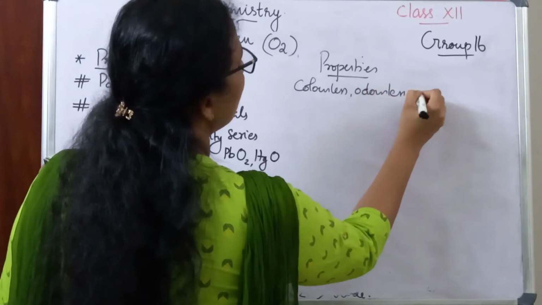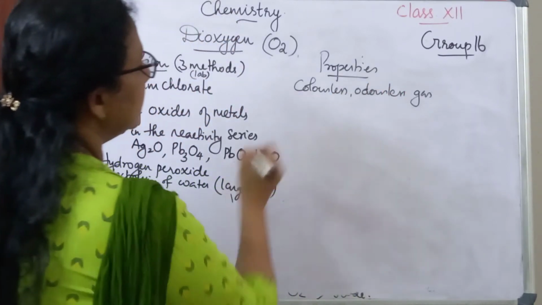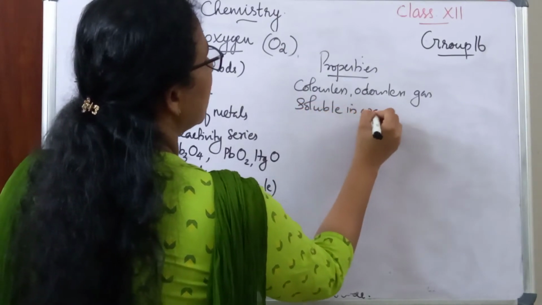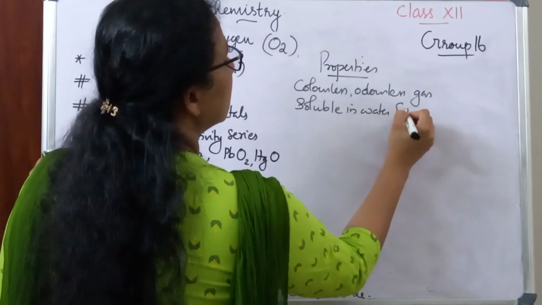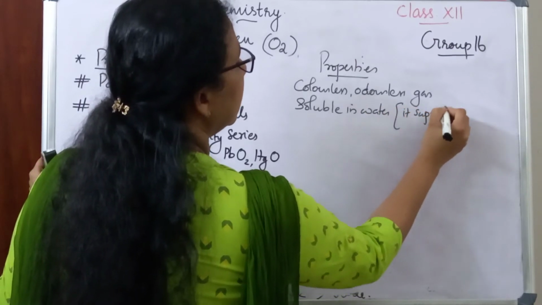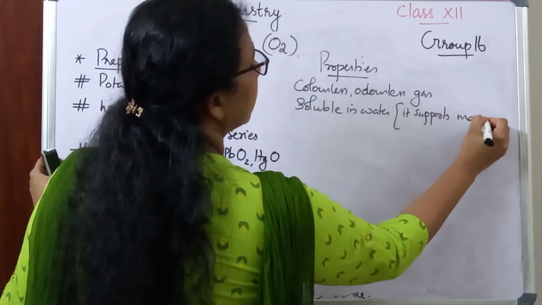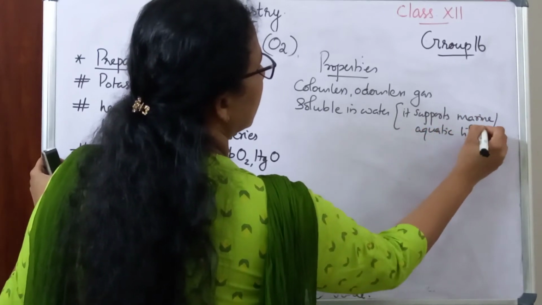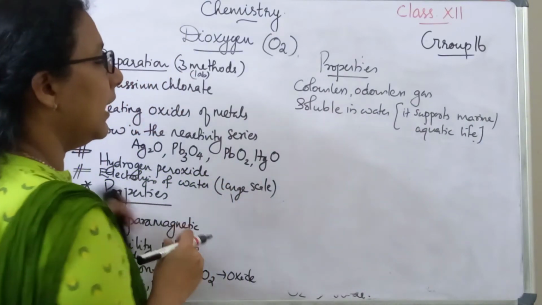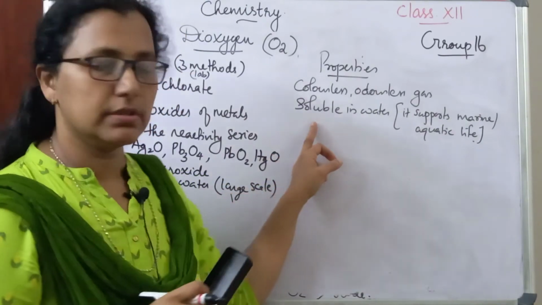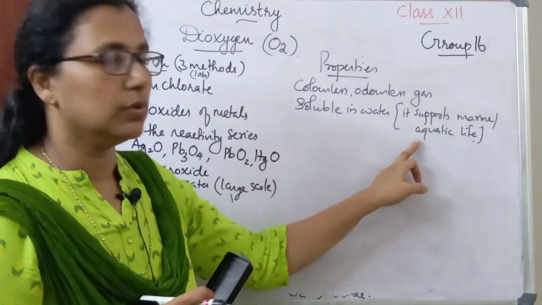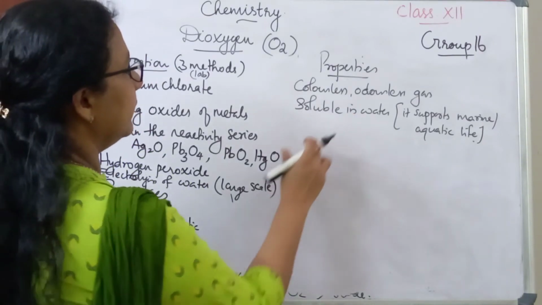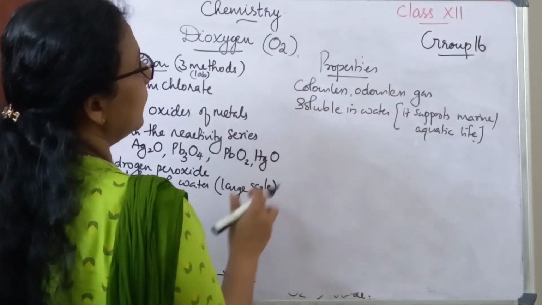It is soluble in water. That is why it supports marine or aquatic life. The dissolved oxygen will be used by the aquatic species, so it supports aquatic life because of this property, that it is soluble in water.